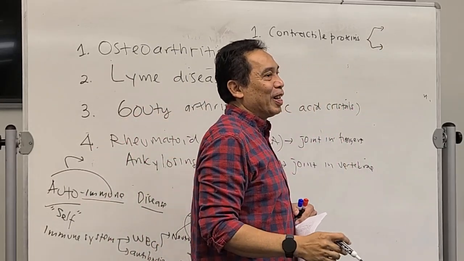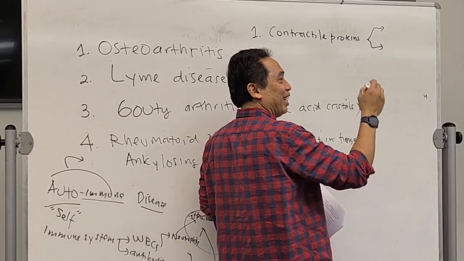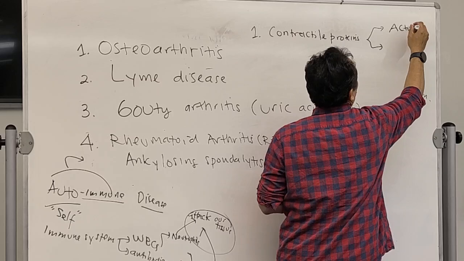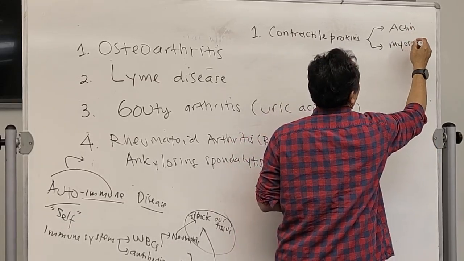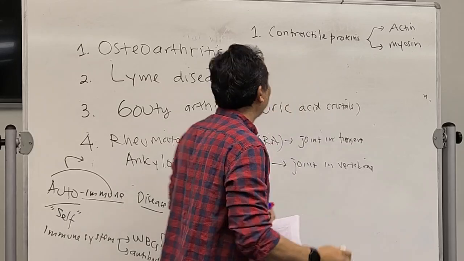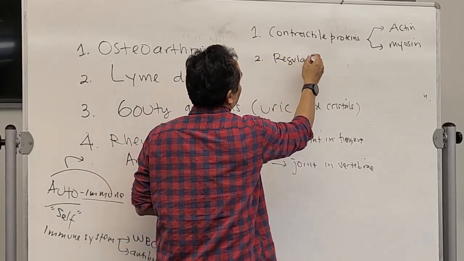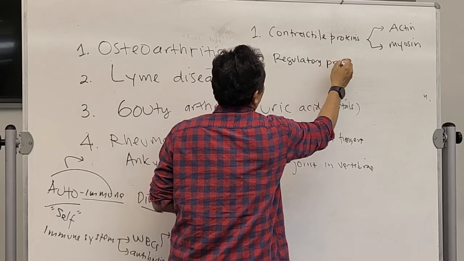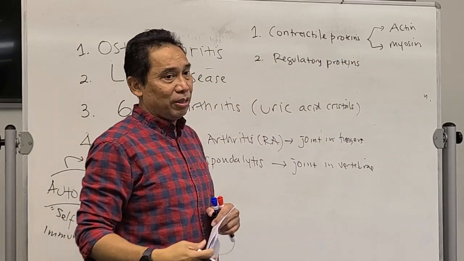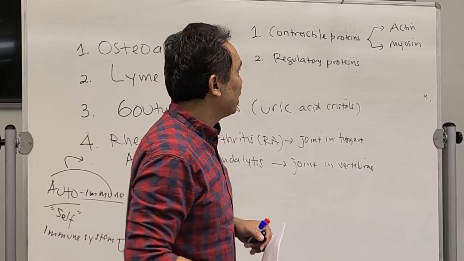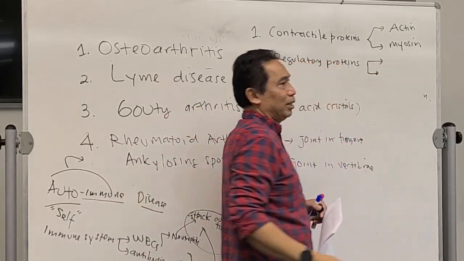What do you call the thin one? Actin. Remember thin, so actin, thin. What is the thick one? Myosin. Okay. The second one is called the regulatory proteins or filaments. This is the one that regulates the contraction, which is located in the actin, together with the actin.